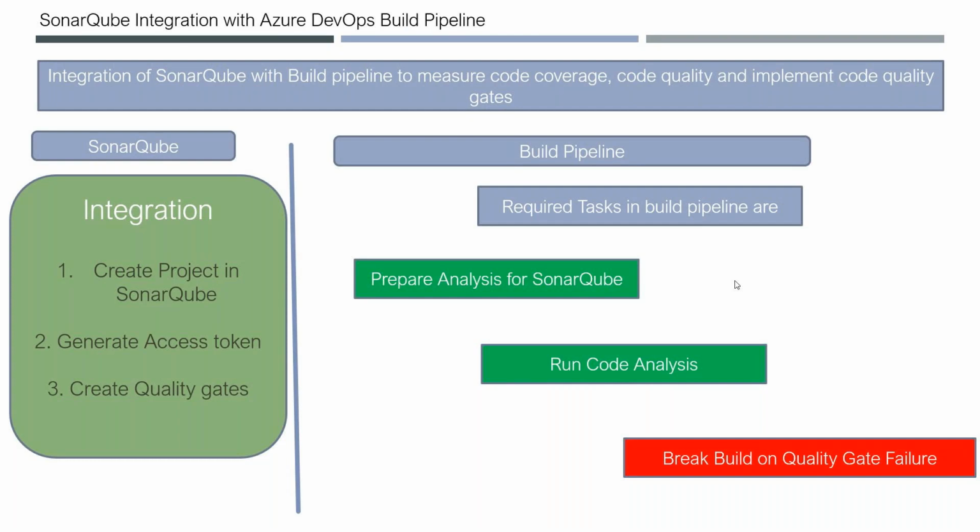When that quality gate fails, SonarQube needs to send that information back to your pipeline. Otherwise, your pipeline doesn't know whether the quality gate failed or succeeded, because SonarQube is different software. For that purpose, we use Break Build on Quality Gate Failure. These are the three tasks we're going to use for SonarQube integration.